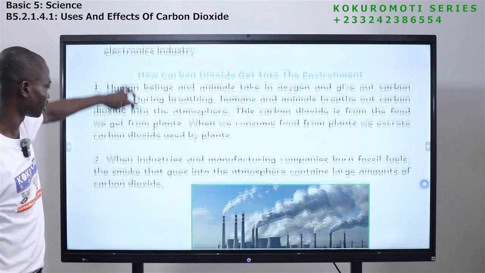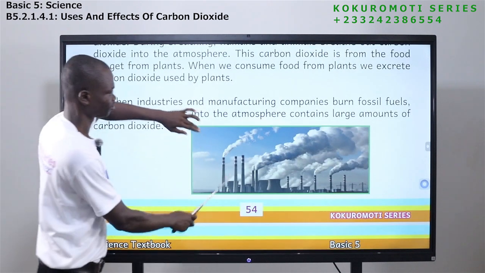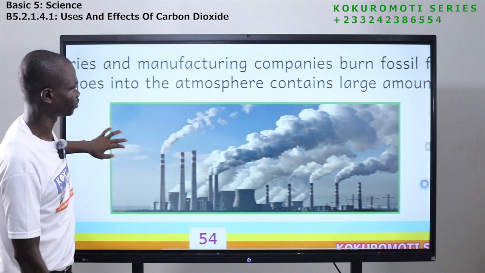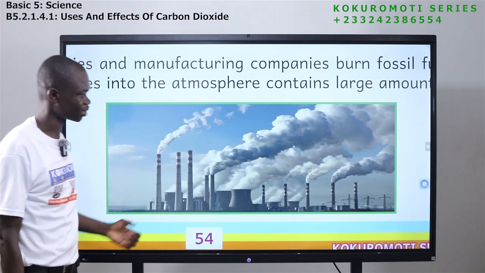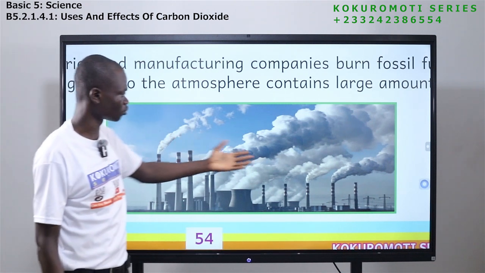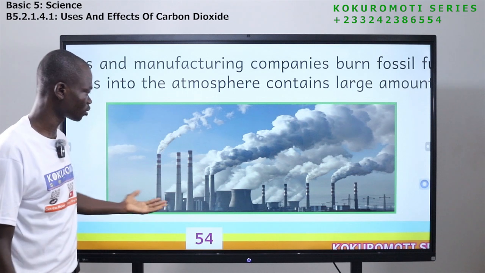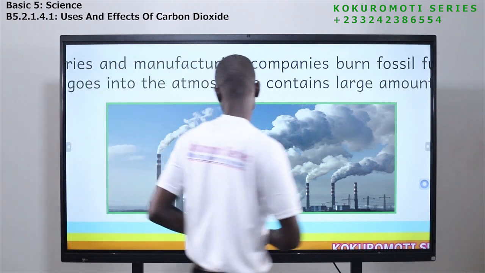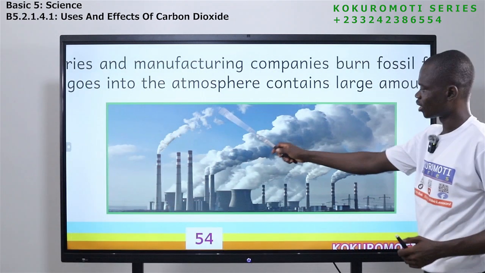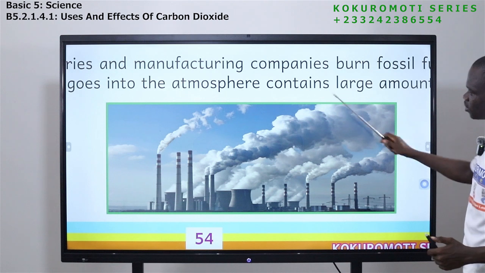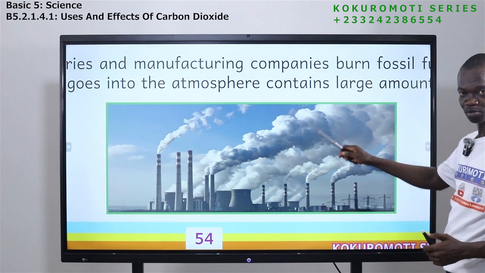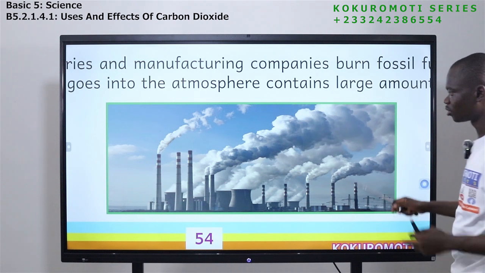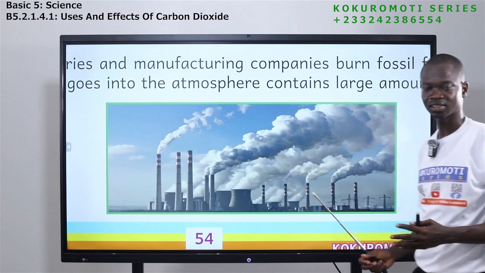The next one is this. If you look at this, this is an industry, a big manufacturing company, and you can see smoke here. So this smoke is what? Waste that is going into the atmosphere. Now, industries, they use machines.